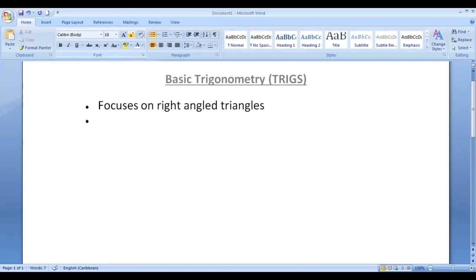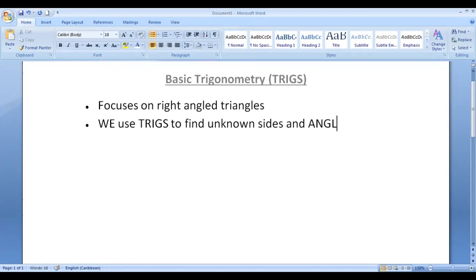What do we use trigonometry for? We use trigs to find unknown sides and angles.